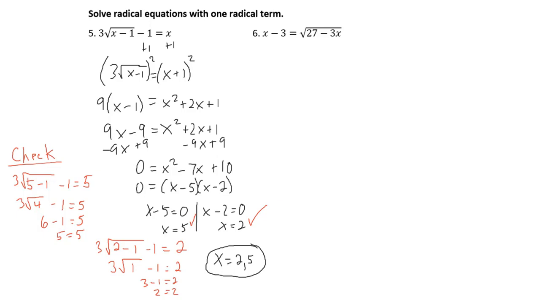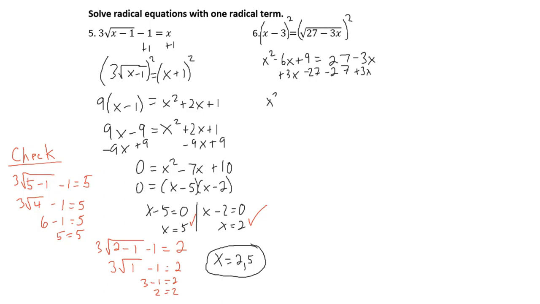All right, let's look at the next one. We do have the radical isolated, so we can start by just squaring both sides. And we get x squared minus 6x plus 9 equals 27 minus 3x. 0 out one side by subtracting 27 and adding 3x.